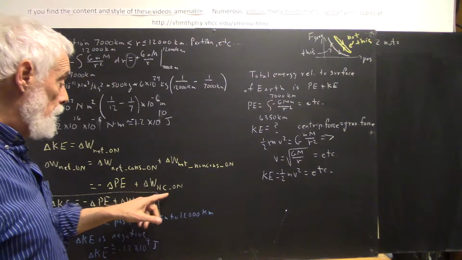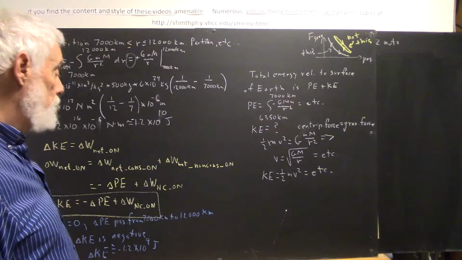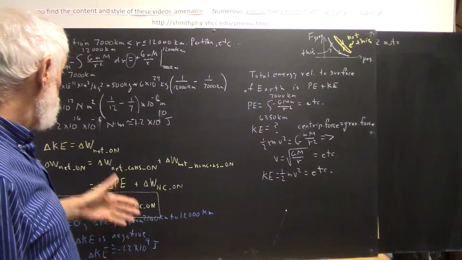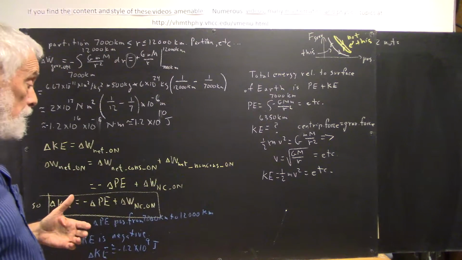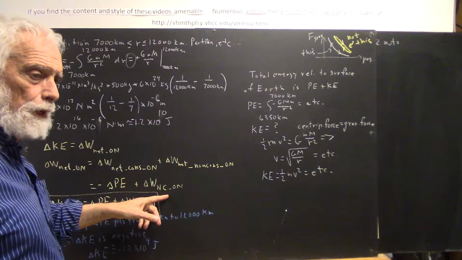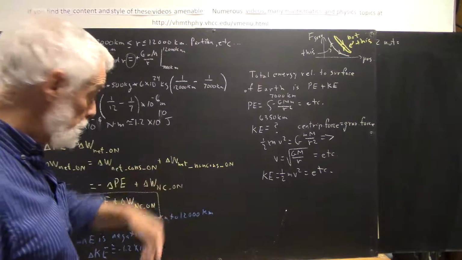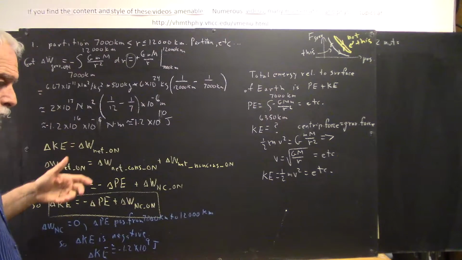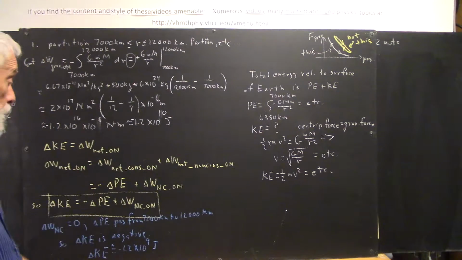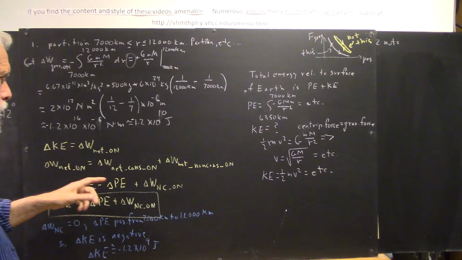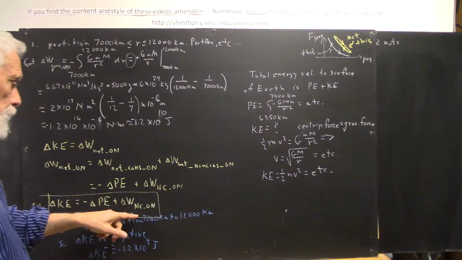It loses energy to non-conservative forces. That's a very small amount of energy compared to the total energy of the satellite. So we're going to ignore it and say it's negligible, at least for one orbit. That's pretty much the case, as long as you're not in a very low Earth orbit. Okay, so for a satellite, this is 0.